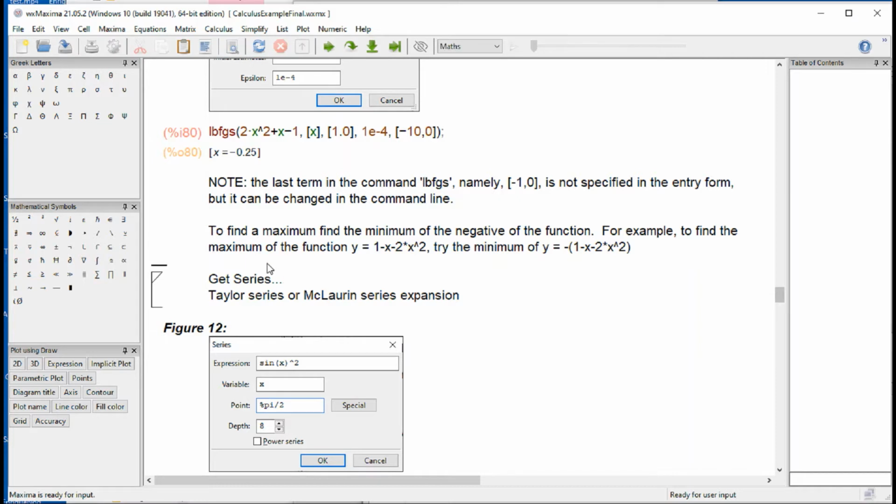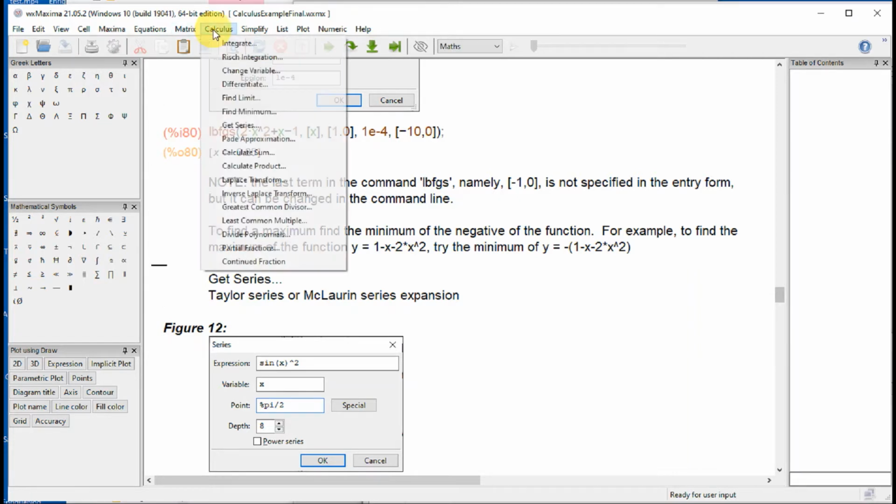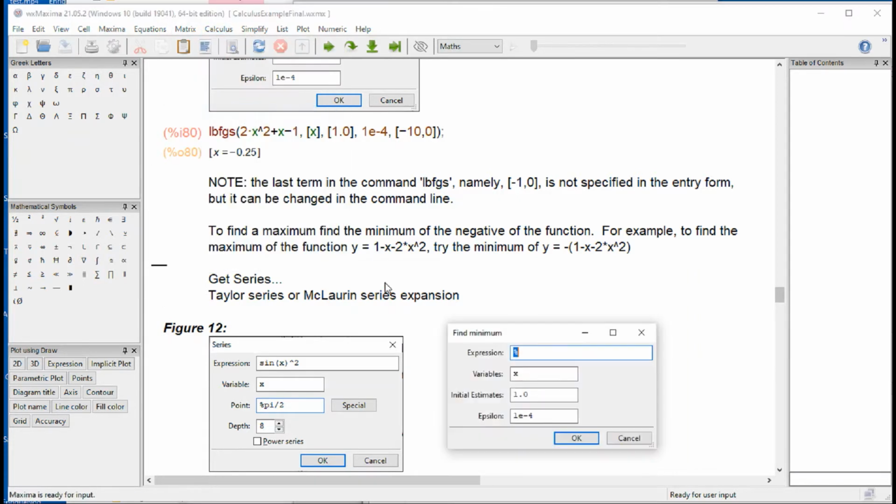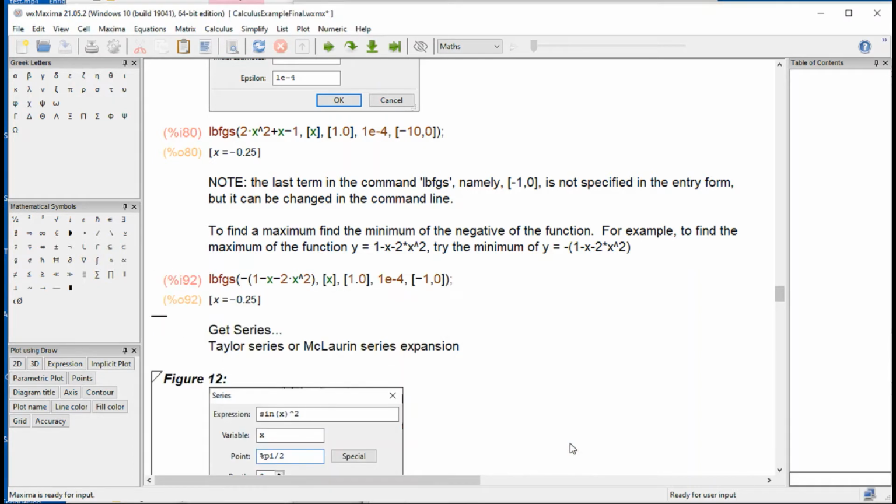So we could go to calculus, find minimum, and change to minus 1 minus x minus 2x squared. And when we do that, we find that the maximum occurs at this point. Okay, that's the one I had skipped.